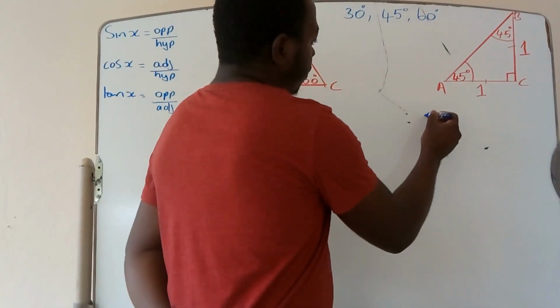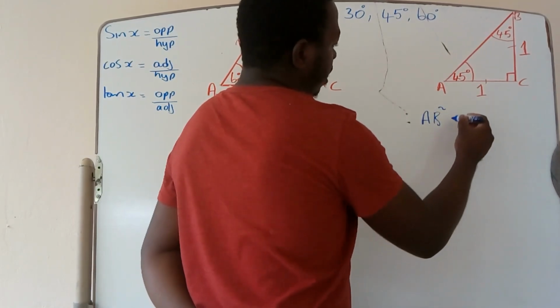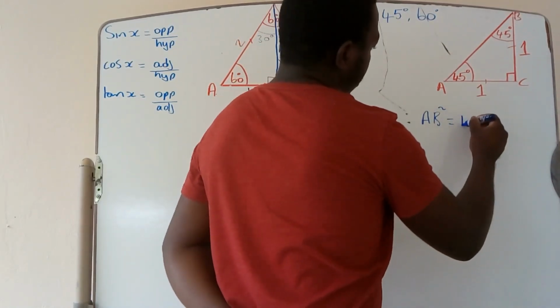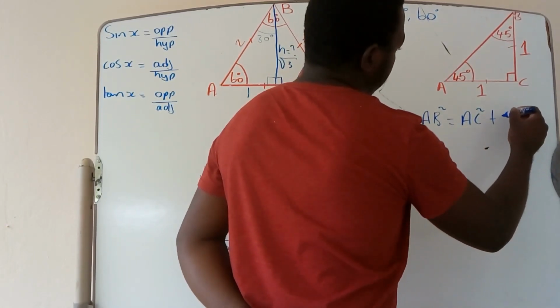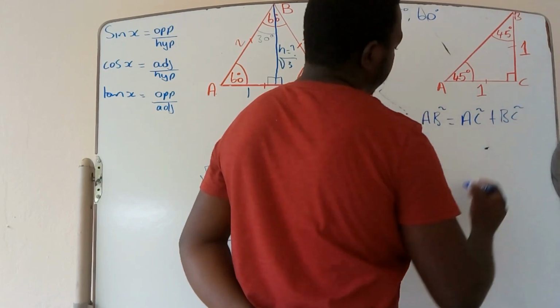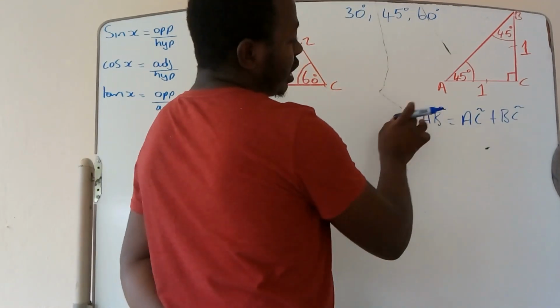So therefore, AB squared is equal to AC squared plus BC squared.